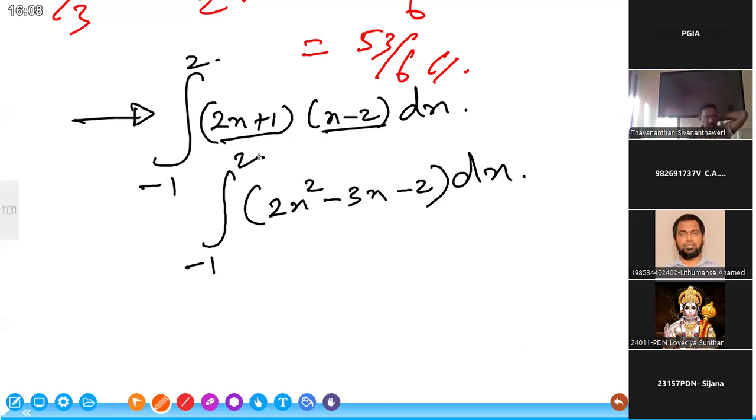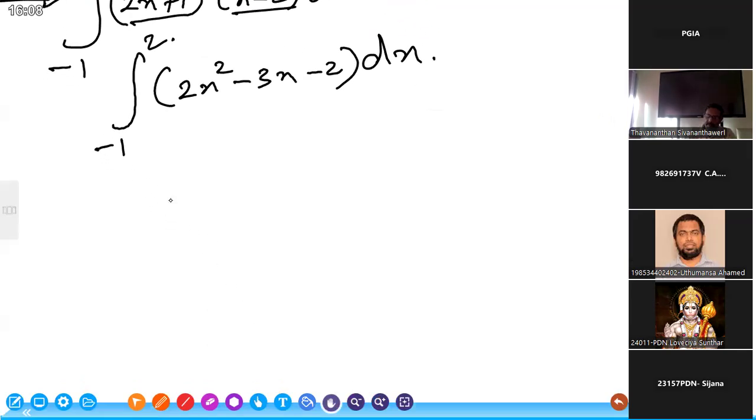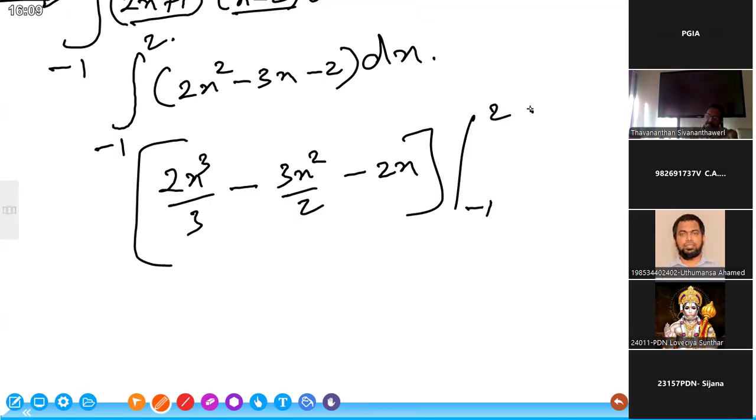Is anyone getting more or less the same answer? So we could say 2x to the power 3 by 3, minus 3x squared by 2, minus 2x, right? From -1 to 2.